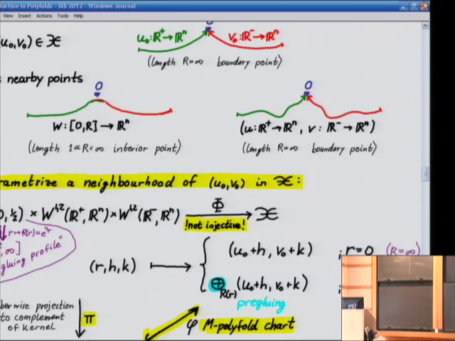U here would be U0 plus H. V would be V0 plus K. So I just have a pair of paths. And when I have a positive gluing parameter or a finite gluing length, capital R, then I'm going to do the same thing. I first wiggle, but then I'm going to do an interpolation that goes along the green line and then interpolates near 0 and then goes out along red.